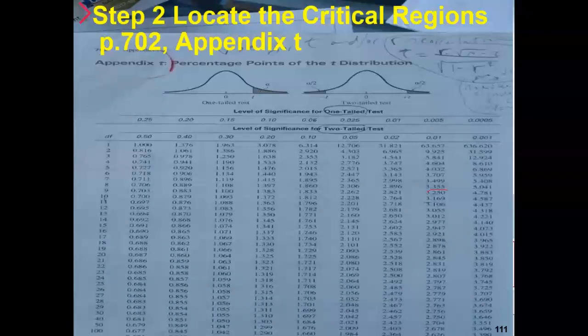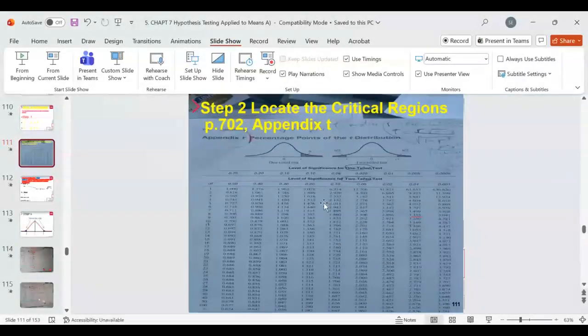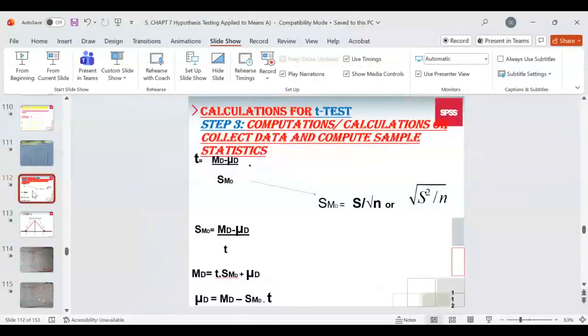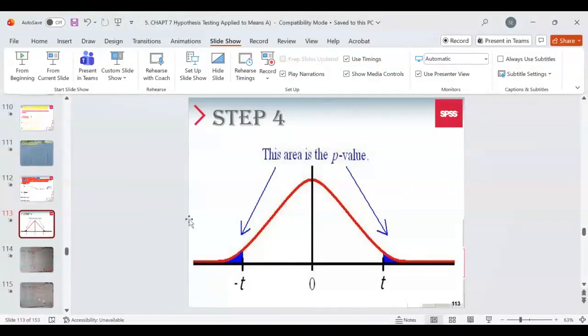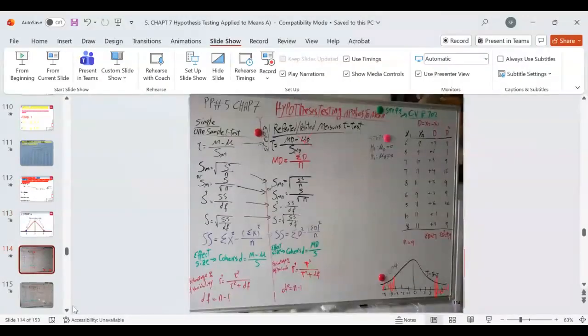Remember that number. We're going to use it momentarily. So with that in mind, we calculate our t, whatever the value is. If that value is in the blue shaded area, then we reject. If it falls short, we retain. So let's do it.